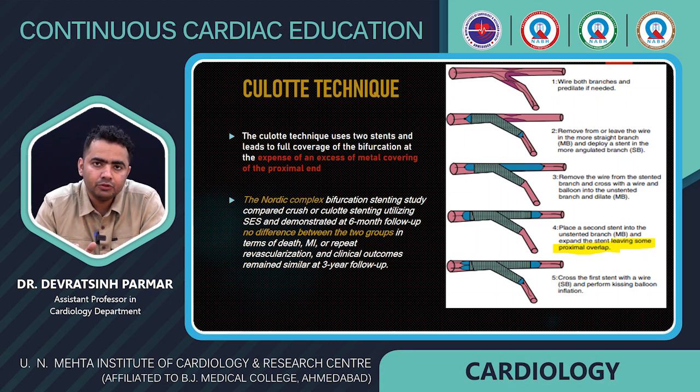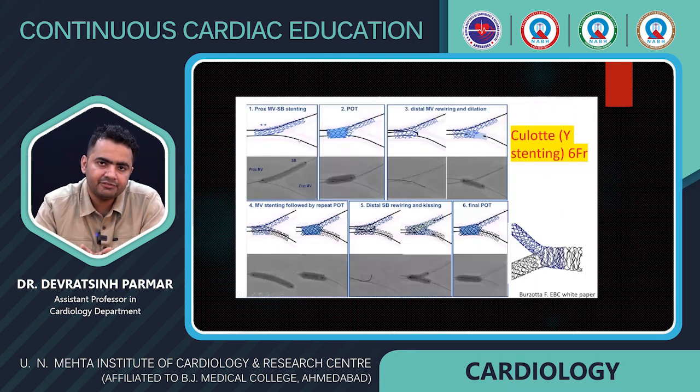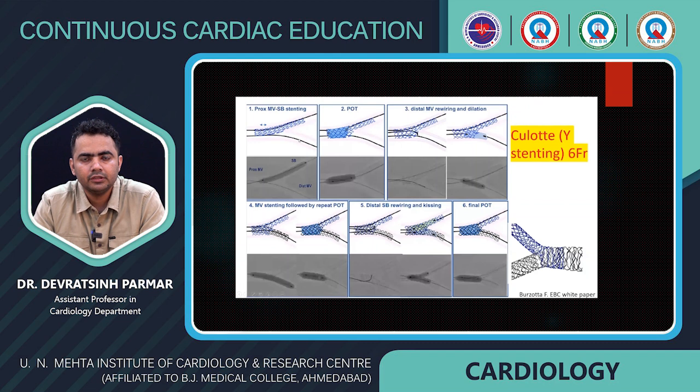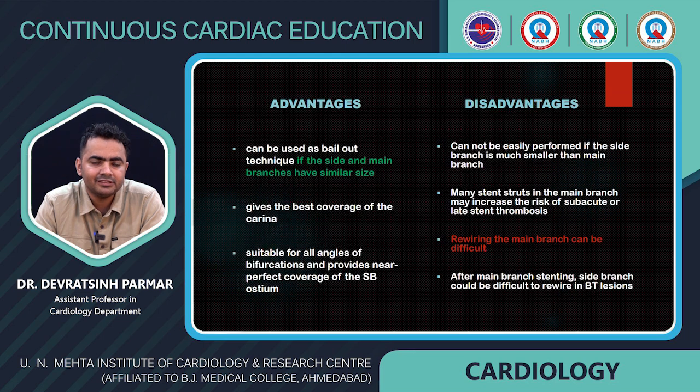Then you rewire your main branch, put a stent in your main branch, do a kissing balloon and final POT. These are the steps that are shown. And the best thing about Culotte is that you can even do it with 6 French catheters.